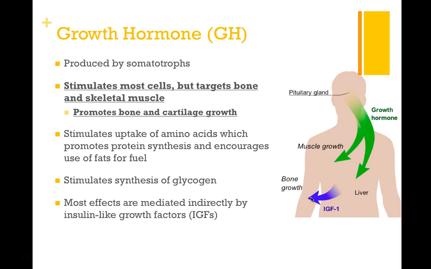Other things we see is stimulation of the uptake of amino acids, which will, through anabolism, promote protein synthesis, and it'll encourage us to utilize our fats for fuel rather than glucose. It can also stimulate the synthesis of glycogen.